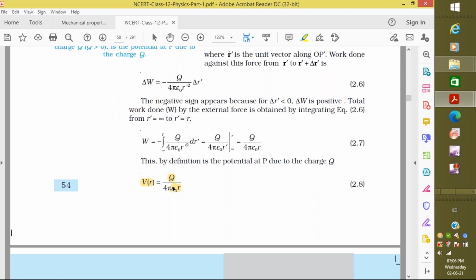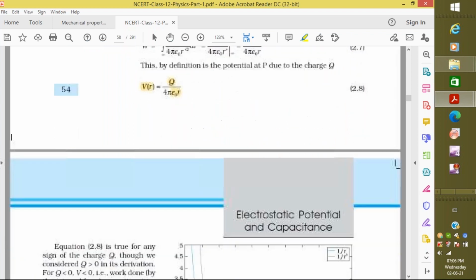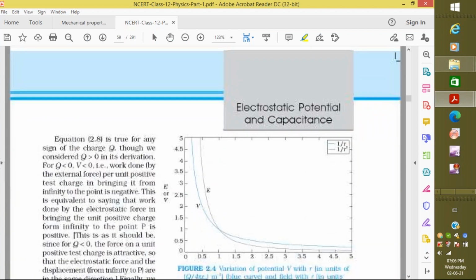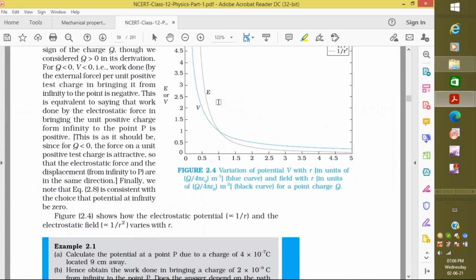Here it is shown that the potential is dying slowly compared to the electric field, which dies much faster.